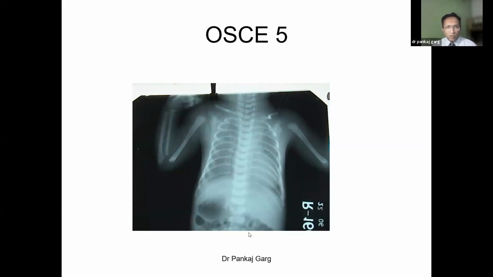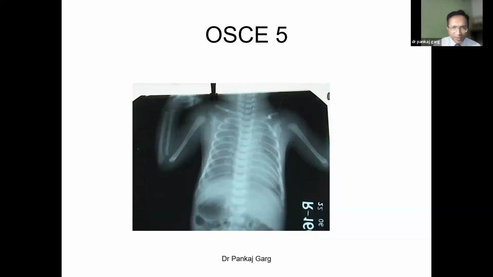So now look at the labeling. The labeling is right. So liver is on right side, but heart is also on right side. So this is not situs inversus because look at this label. Liver is right, but heart is also right. This is dextrocardia with situs solitus.